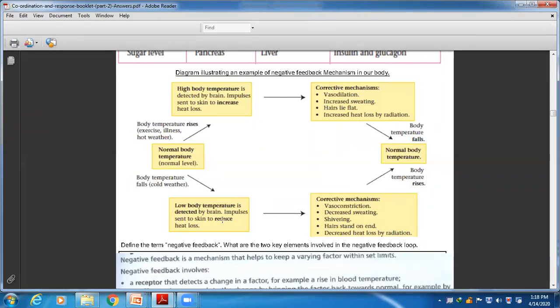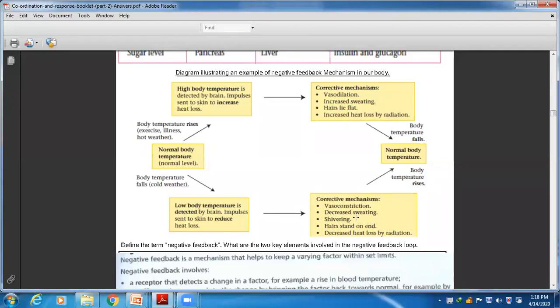To reduce the heat loss, vasoconstriction will come, sweating decreases, and shivering will increase. Shivering causes contraction and relaxation of your muscles, so as a result heat is also produced.